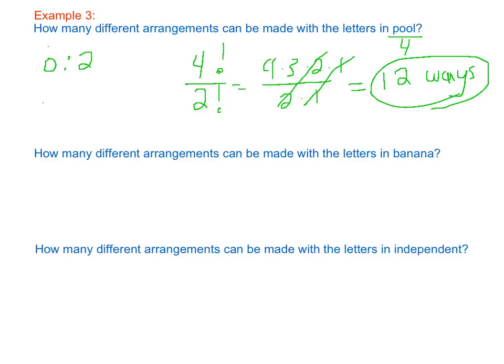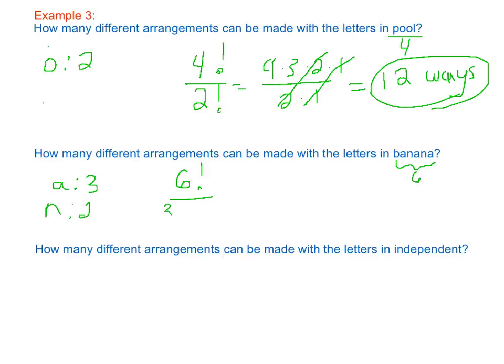Now, if we're looking at the word banana, there are 2 letters that occur more than once. The A occurs 3 times, and the N occurs 2 times. We have a total of 6 letters, so 6 factorial, but we have to account for the fact that if you switch any of the A's, it still says banana, or if you switch the N's, it still says banana, so it doesn't look any different.